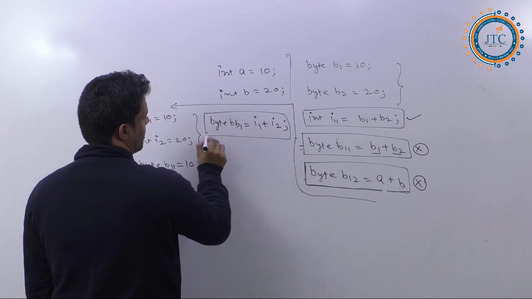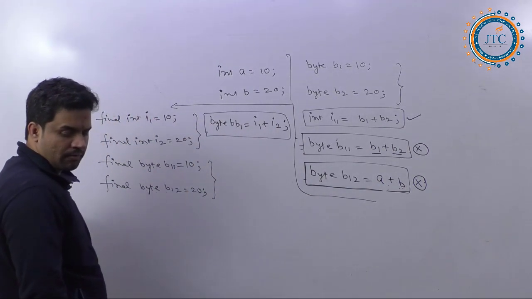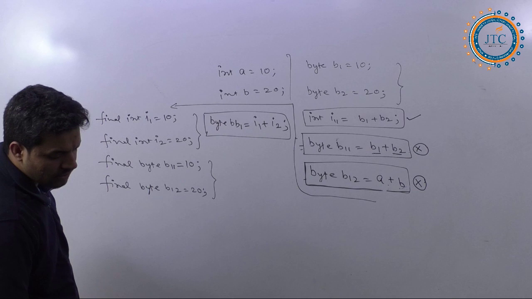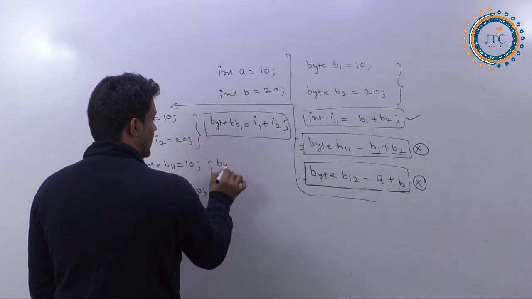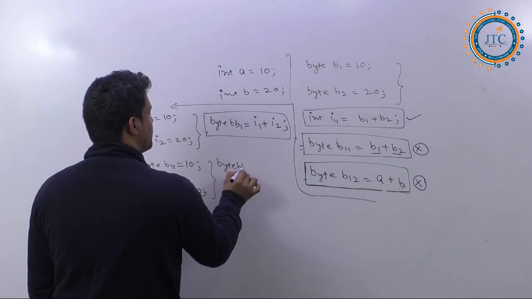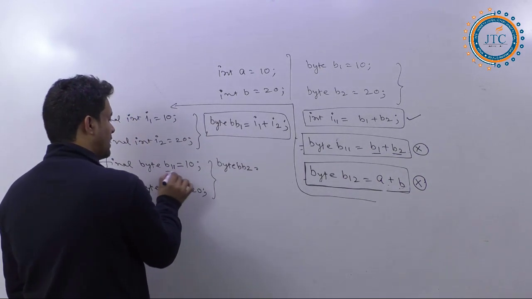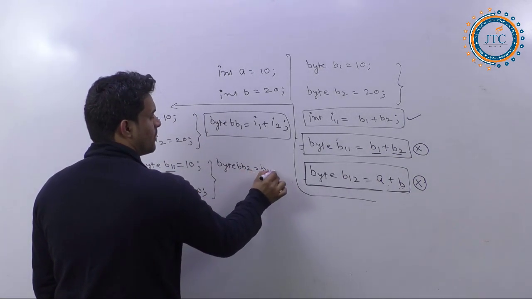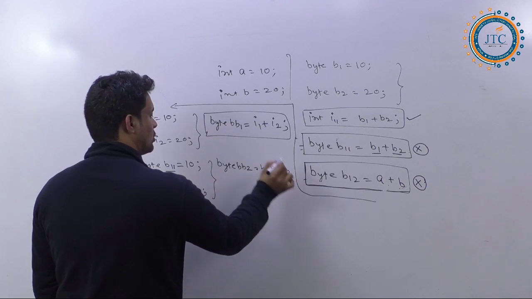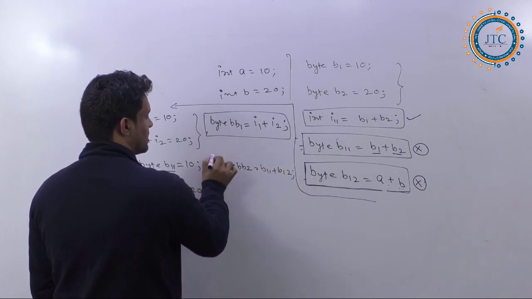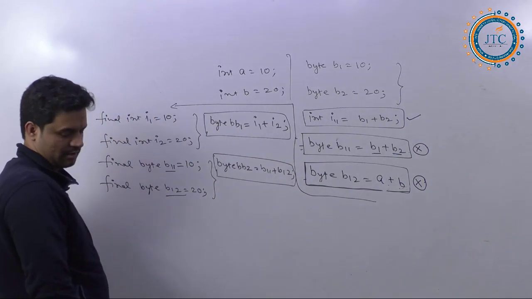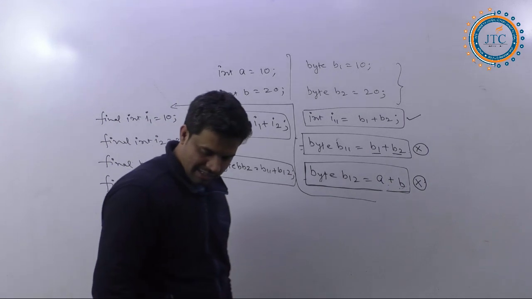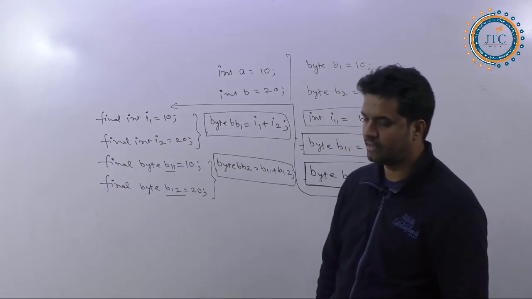That is one question here. Very, very important questions, and at some time you may get these questions. At the same time, byte BB2 is equal to B11 plus B12, I am going to write inside this. This is what we can write here, right?